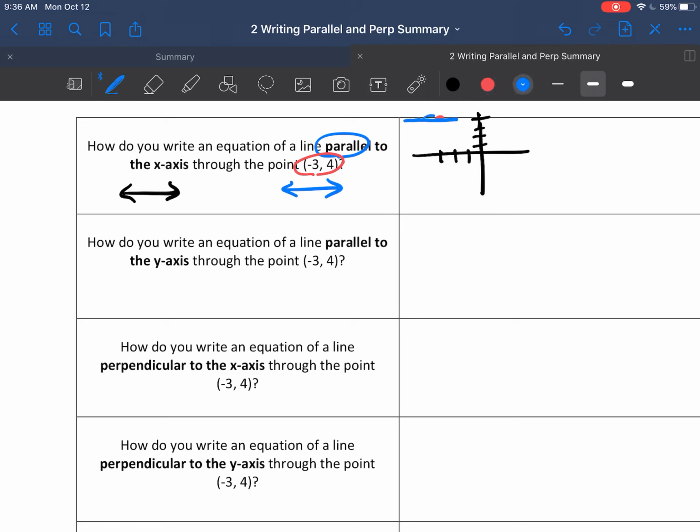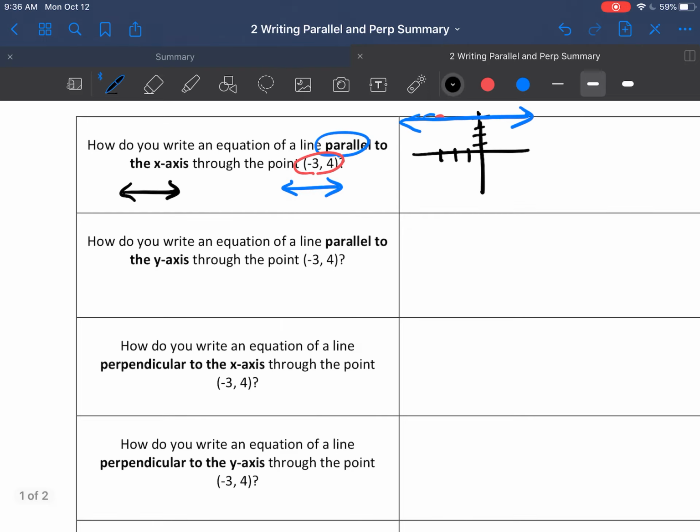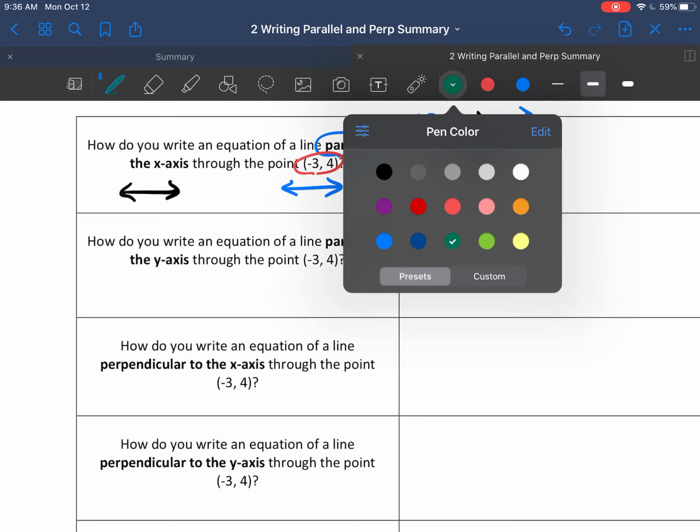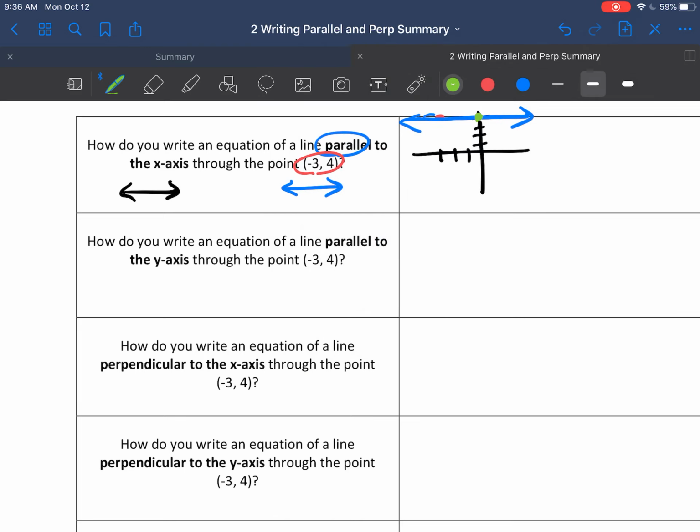Okay, and then it's parallel to the x-axis, so the line looks like this. And then look at where it's crossing. It's crossing at y equals 4. So the equation of the line that is parallel to the x-axis and through that point is y equals 4.